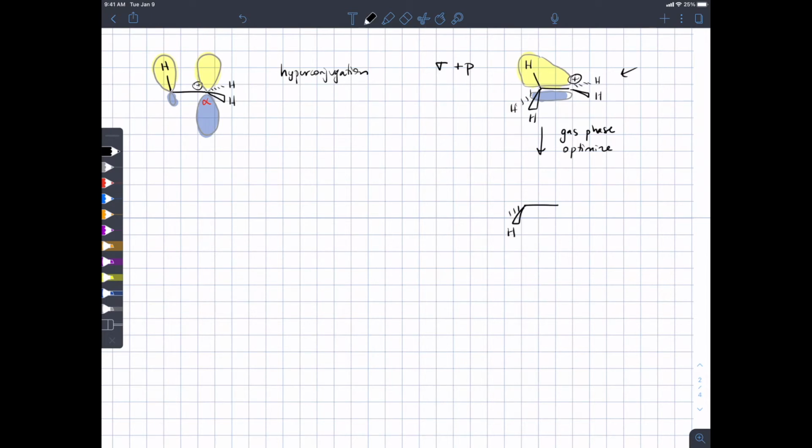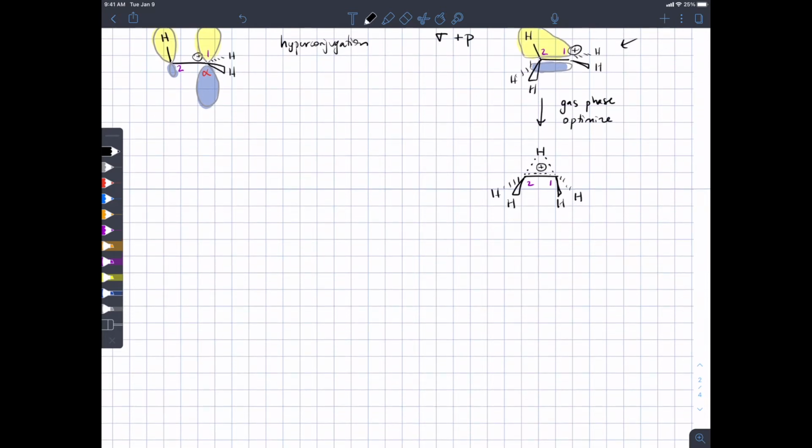Instead, you have an intermediate structure which has the hydrogen, and we could maybe number these carbons, 1 and 2. It has the hydrogen evenly shared between 1 and 2 with partial bonds, partial sigma bonds between carbons and hydrogen, partial pi bond between carbons, a positive charge delocalized among all three.